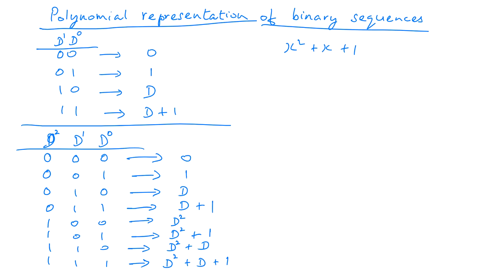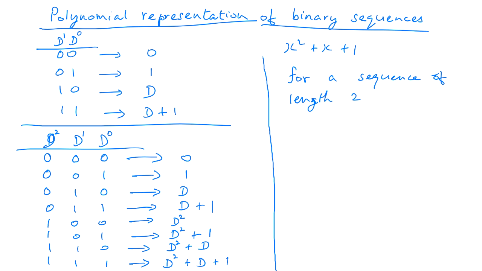So for any length of the code word, you can represent the code as a polynomial. Okay, now the first property, or the first characteristic that you see here, is for a sequence of length 2, in this example, right?